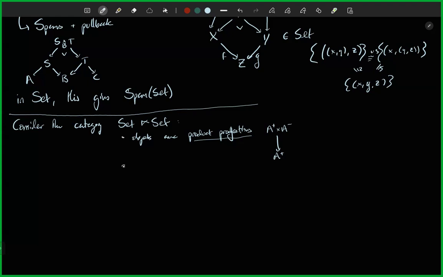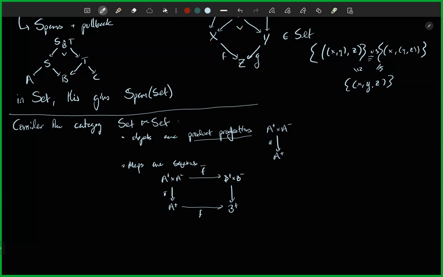And morphisms, or maps, are squares: A plus times A minus to A plus, B plus times B minus to B plus, with F and F bar.